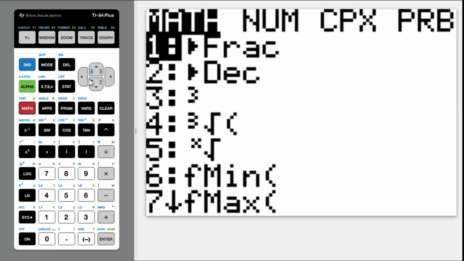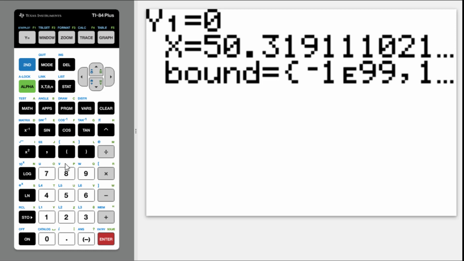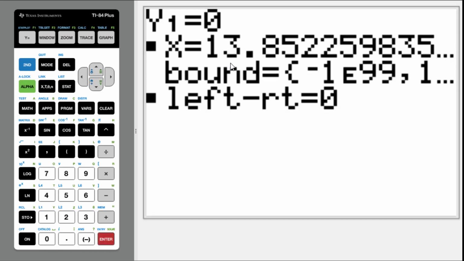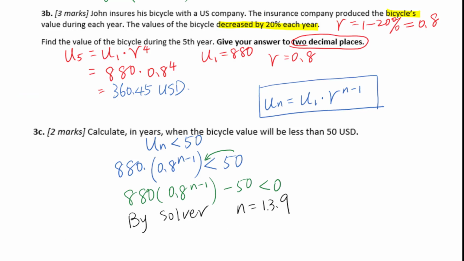Go to math, up arrow, enter. Since we already put in y1, we just need to put an estimated value, then alpha, enter. The answer will be 13.9. By solver, n equals 13.9.